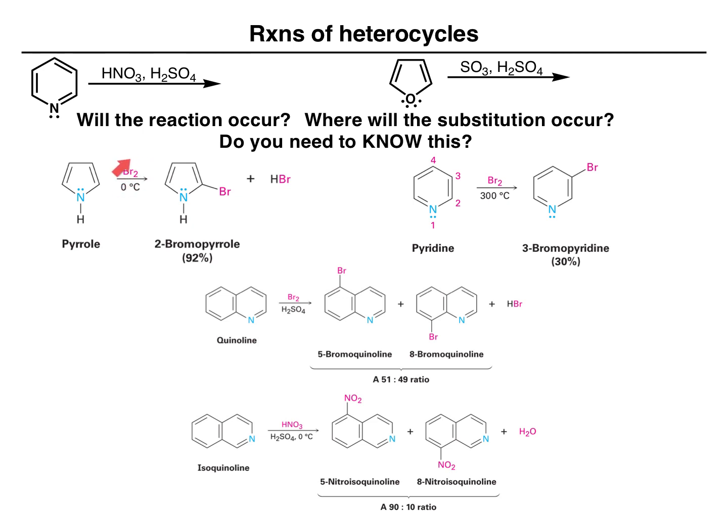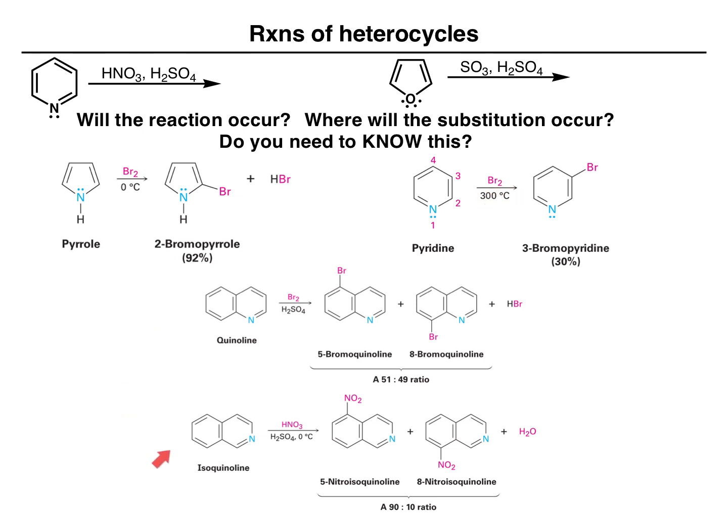But here, simply using molecular bromine, and even at low temperature, this reaction works pretty well. In comparison, the reaction of pyridine occurs at position 3, so further away from the nitrogen than what occurred here, and this requires much more forcing conditions as well.